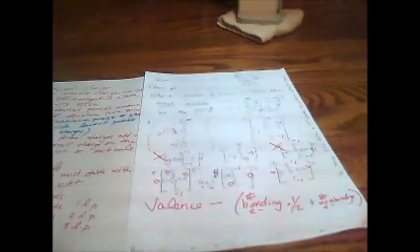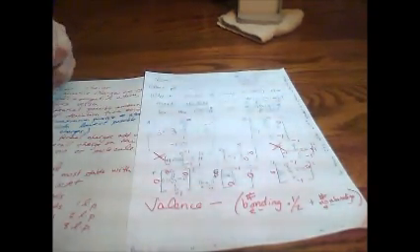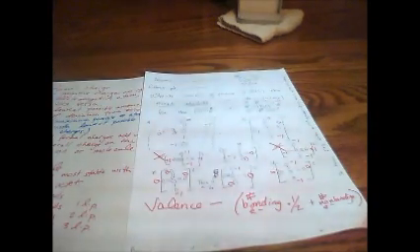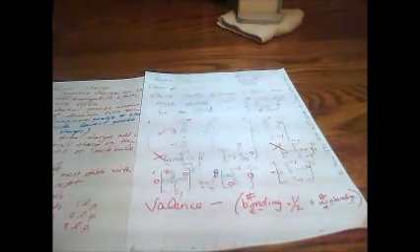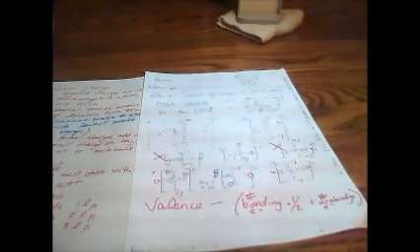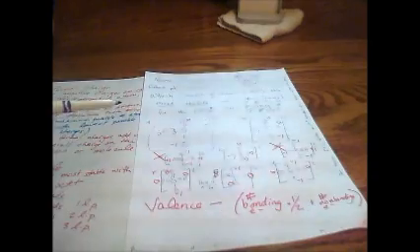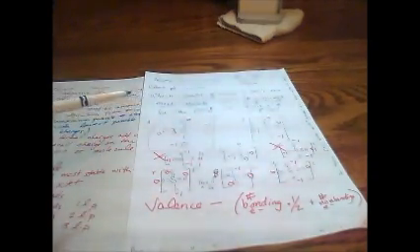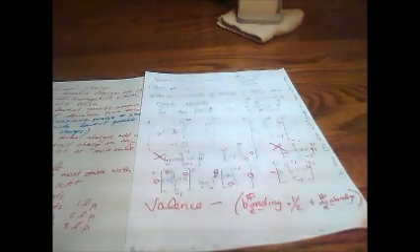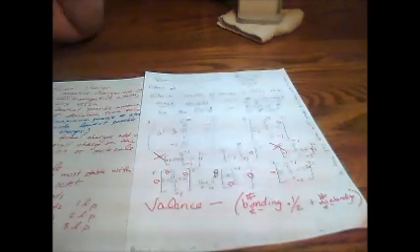Now let's take a second and look at sulfur. How many valence electrons does sulfur have? It has 6, but it is possible for sulfur to have an expanded octet. So sulfur can be stable with 6 electrons around it, but it can also be stable with 10, which was one of those expanded octet exceptions that was mentioned in the chapter.